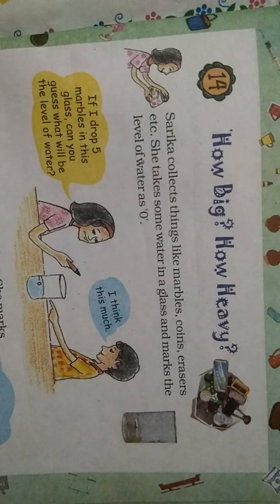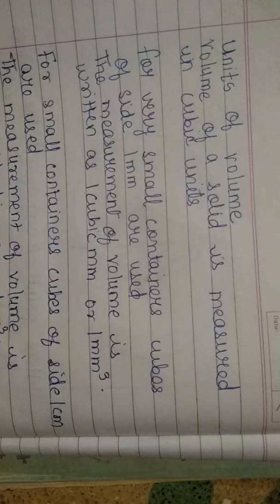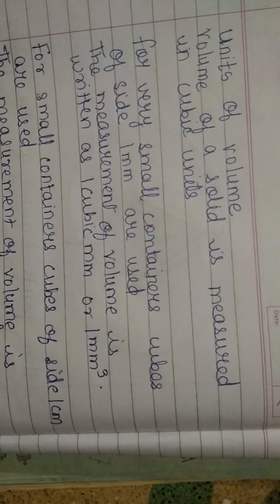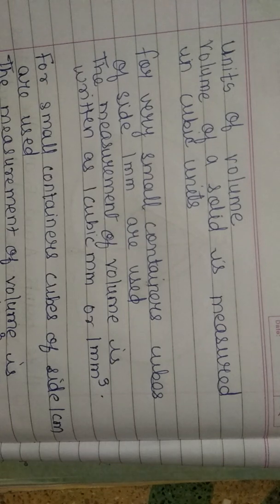Yes, the balloon which is filled with air will occupy more space. Or children, we can say the measure of the amount of space occupied by the solid is called its volume.